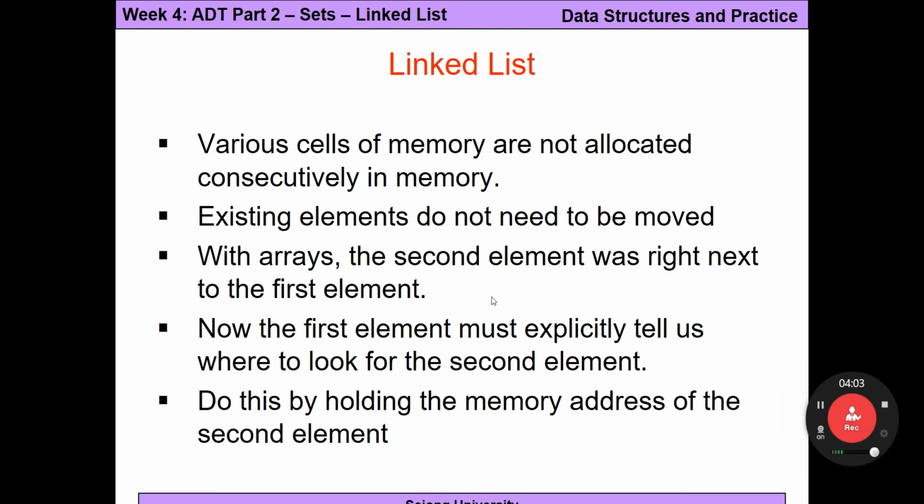With arrays, the second element was right next to the first element. But this is not the case in a linked list, as you will see in the coming slide. Now the first element must explicitly tell us where to look for the second element.